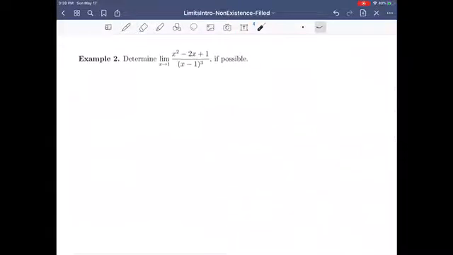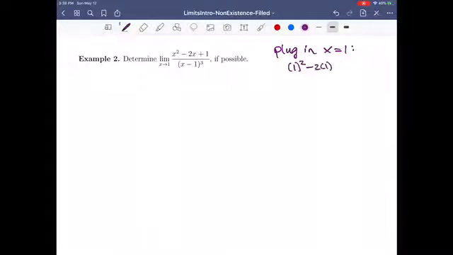So the first one, we want the limit as x goes to 1 of x squared minus 2x plus 1, all over x minus 1 cubed. Remember, let's try to plug in x equals 1 and see what happens. On the top, I get 1 squared minus 2 times 1 plus 1. And on the bottom, I get 1 minus 1 cubed. So it looks like I have 0 over 0 here.